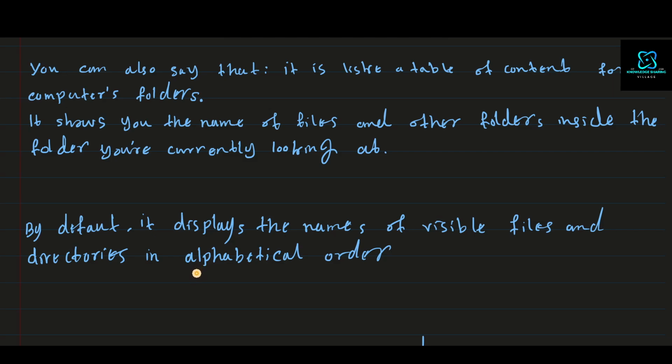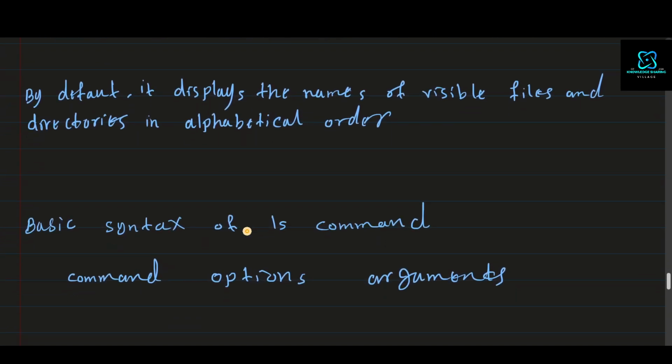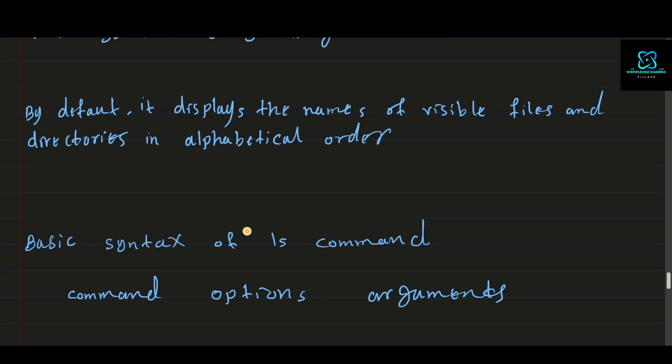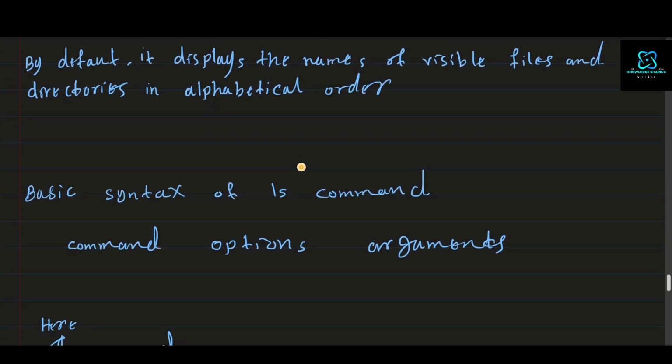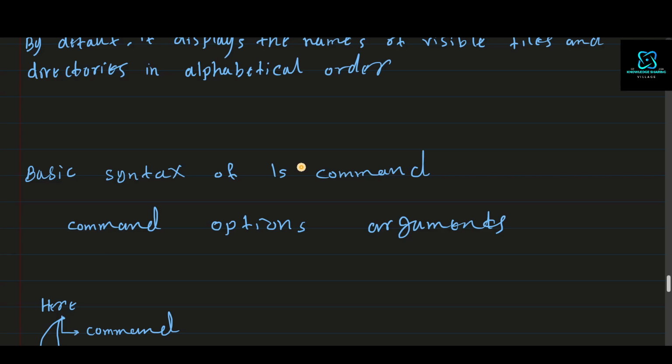And you may ask, what do you mean? This is the default scenario, where you are executing the ls command without using any option or argument. Here is how the syntax of the ls command will look in general.